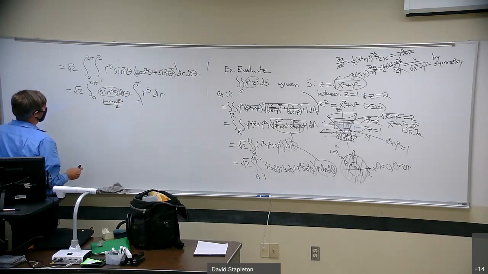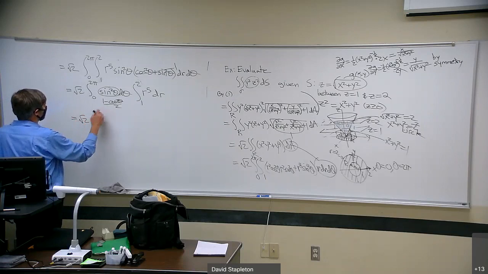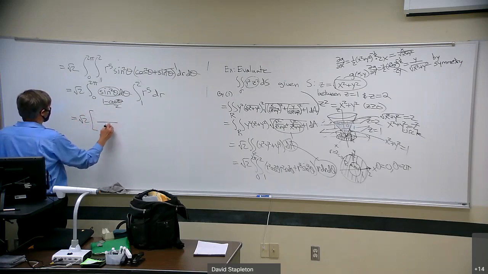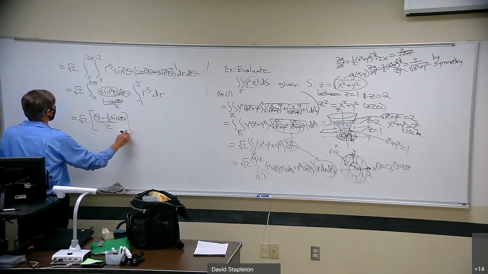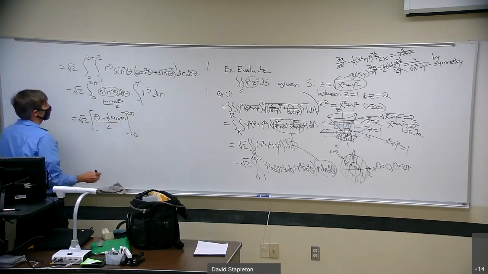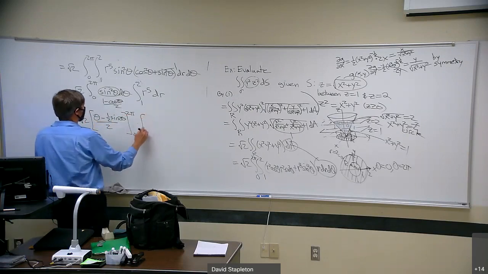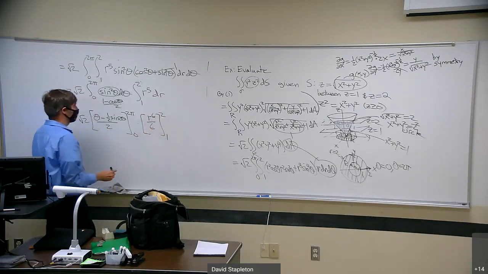And we have square root 2 times the integral of 1 minus cosine 2 theta over 2, which is theta minus a half sine 2 theta. And this multiplies r to the sixth over 6. Plug in 2 and 1 and take the difference.